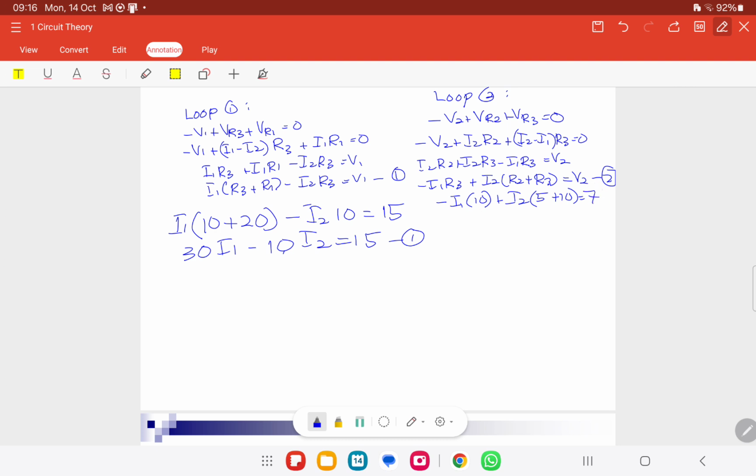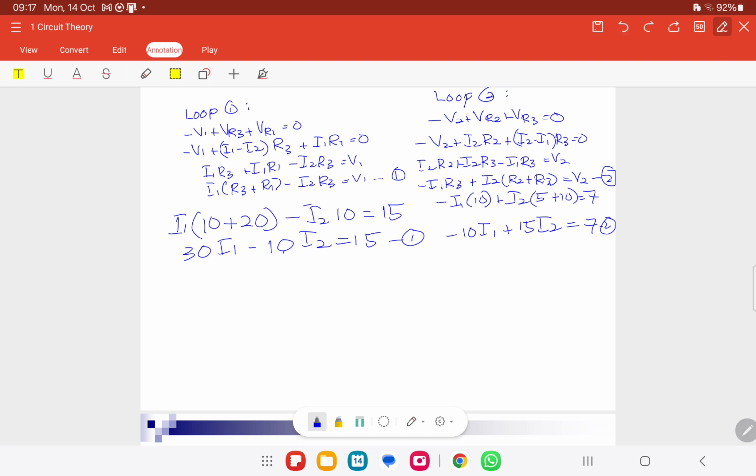So kembangkanlah mana yang boleh kembang tadi. Minus 10 I1 plus 15 I2 equals to 7. Ni equation 2.